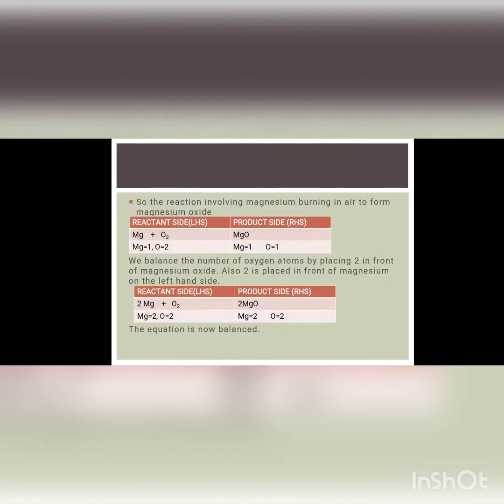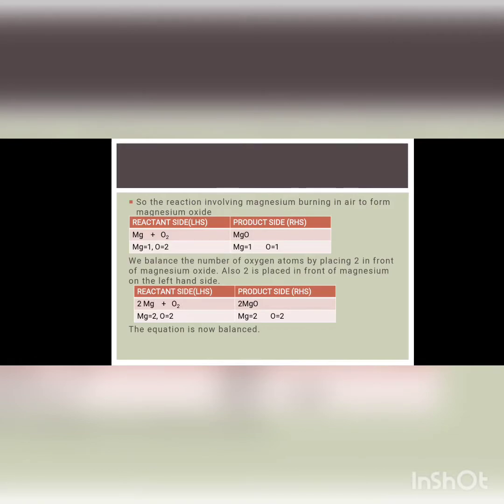Now let us balance it in the case of magnesium oxide. Here we will first write down the magnesium and oxygen numbers on the left hand side and the right hand side. The number of oxygen atoms is going to be more on the reactant side. To balance this, we will place a 2 in front of magnesium oxide.